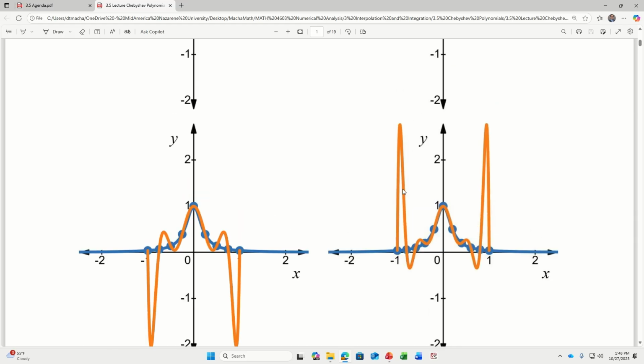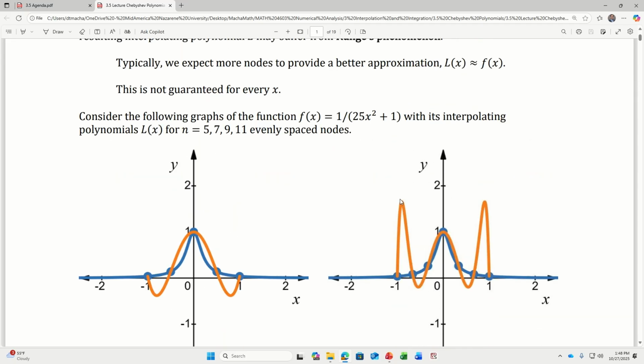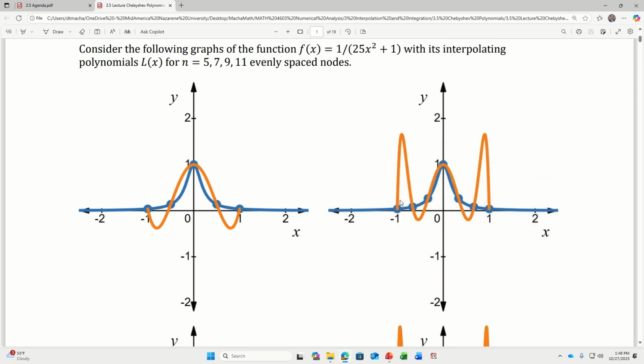So when we were talking about Newton-Cotes quadrature last time, we said we're going to basically come up with a Lagrange interpolating polynomial based on evenly spaced nodes. We'll exactly integrate the interpolated polynomial, and that would be our approximation of the function.